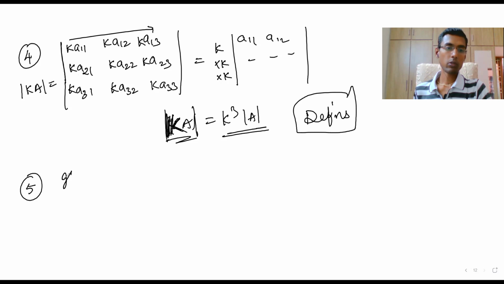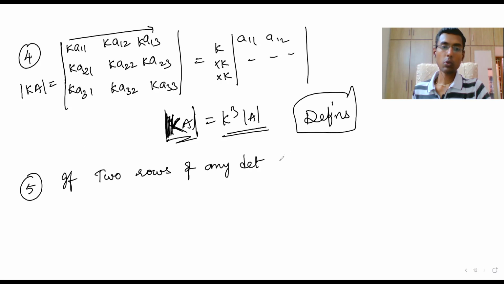If two rows of any determinant are identical, then delta is 0.